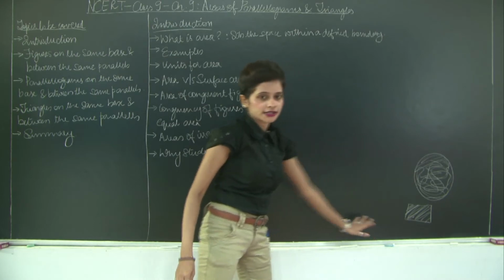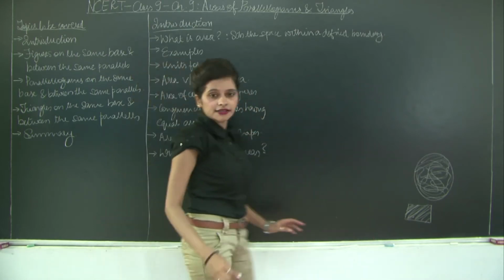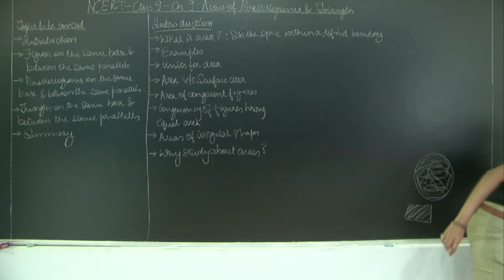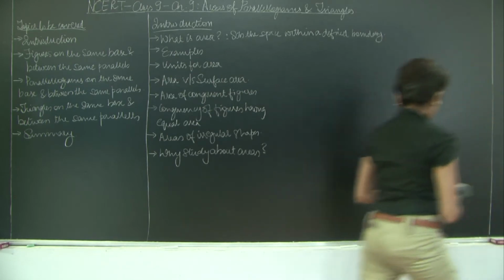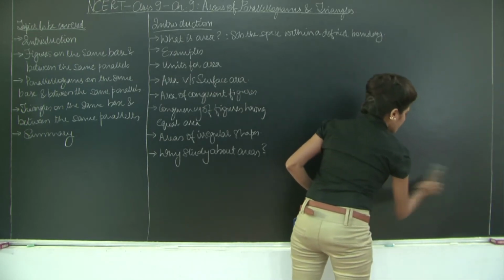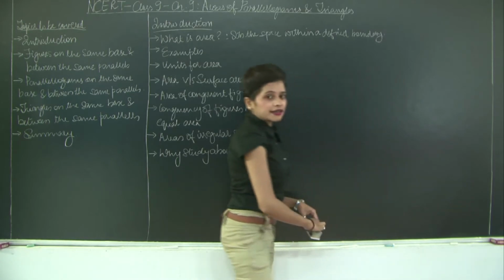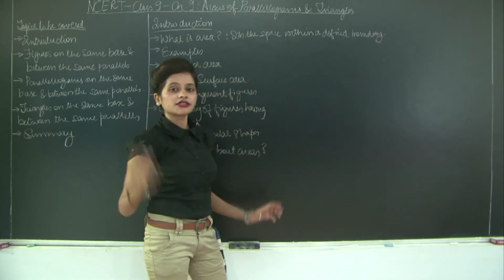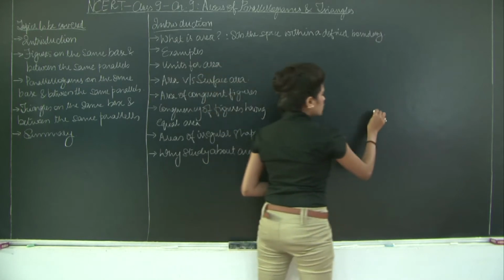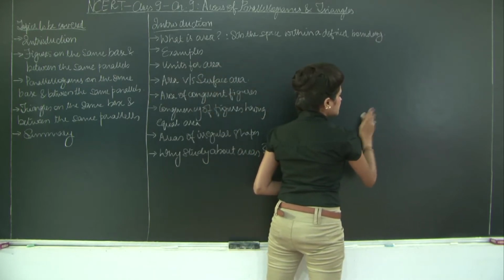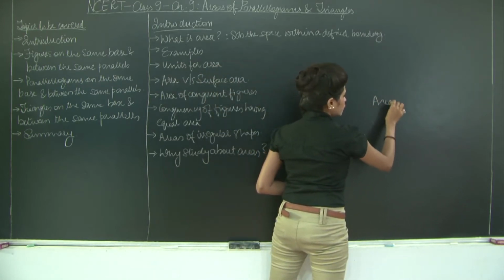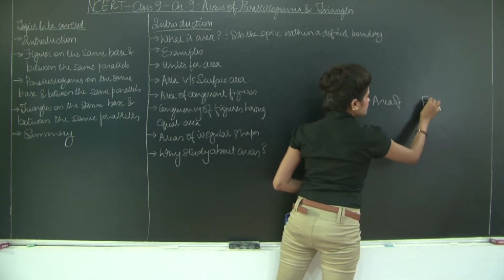Now examples are not these examples. This is a circle and rectangle. We know exactly now what area is, but just let me grab the duster. Let's take a look at the formulas for areas for different figures. We know that for a circle, so let's say I have area of and formula.